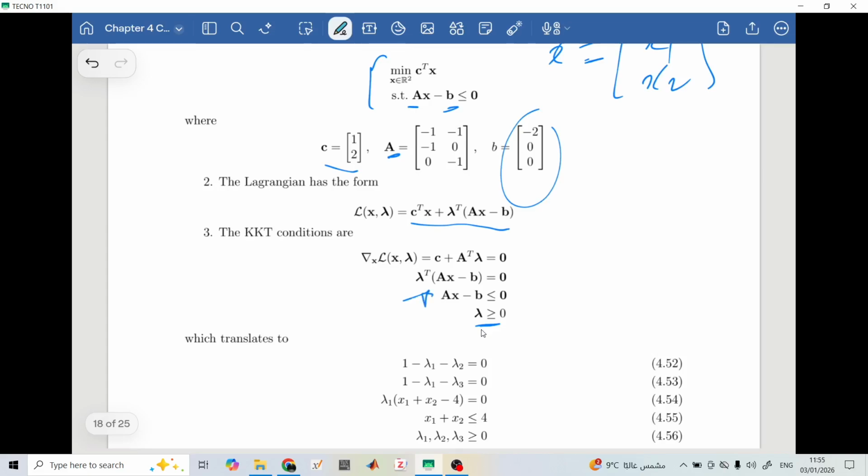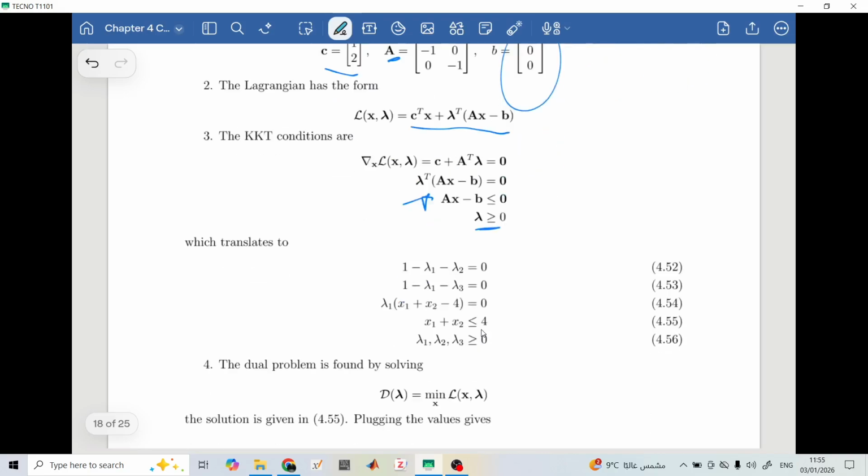If you take the derivative of those equations, this is the dual feasibility, this is the complementary slackness, and this is the inequality constraints. So we need to solve for lambda 1, lambda 2, lambda 3, and x1 and x2.